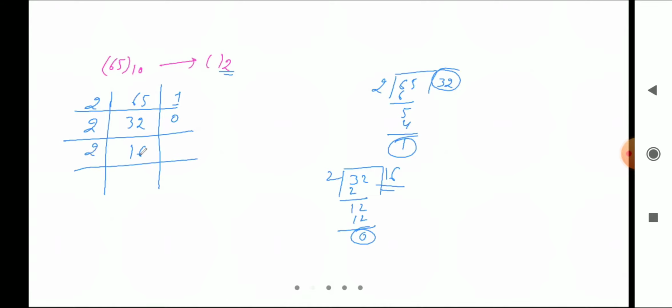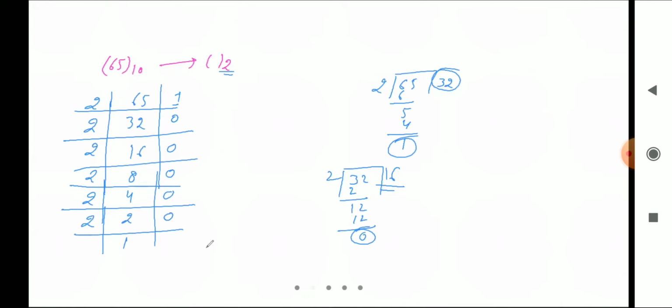It becomes 8 and remainder is 0. Next time divide with 2: 4 and remainder is again 0. Next time 2 twos are 4, remainder is 0. Next time 2 ones are 2, remainder is 0.